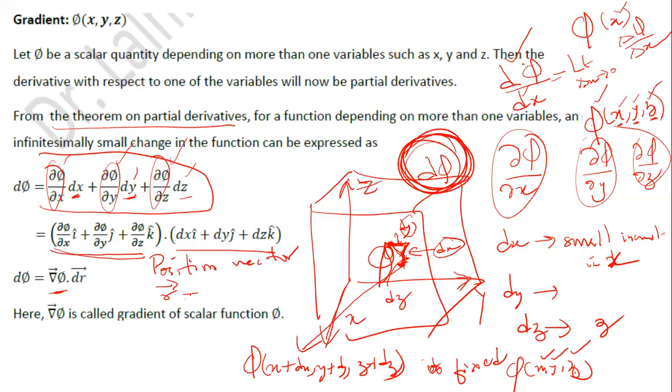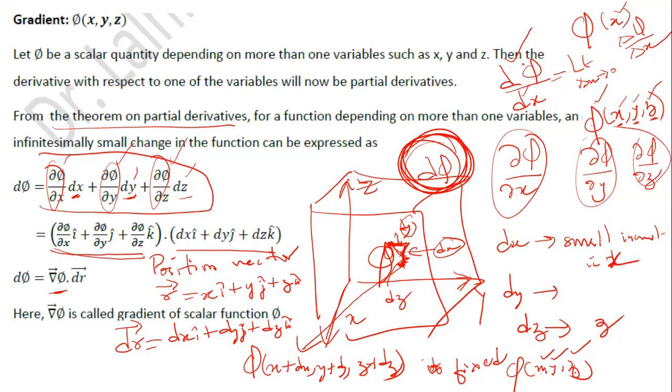Position vector in a Cartesian three-dimensional space, r vector, is xi plus yj plus zk. Now, changes in position vector, dr vector, is written like this: dx i plus dy j plus dz k vector. Small incremental changes in the position vector are given like this.